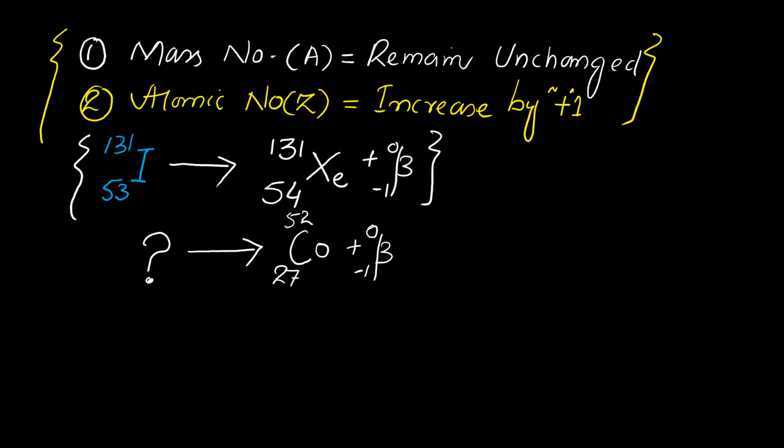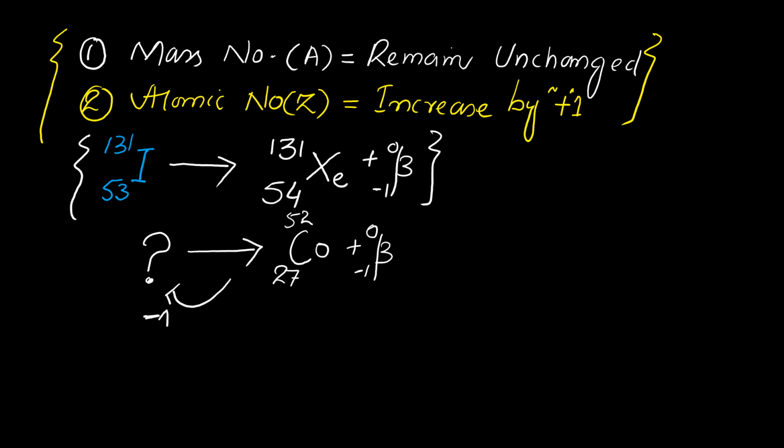Since you know the rule of beta decay, the mass number remains unchanged, whereas the atomic number increases by 1. So now, in case of finding a parent nuclei, the atomic number will decrease by 1.